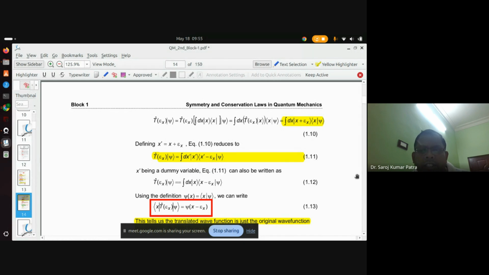Now since in this integration the integration variable is x prime, being a dummy variable, I can simply change it to x again. So dx prime will become dx, x prime will become x, and the equation T epsilon x psi will now become integration dx |x> <x minus epsilon x|psi>.